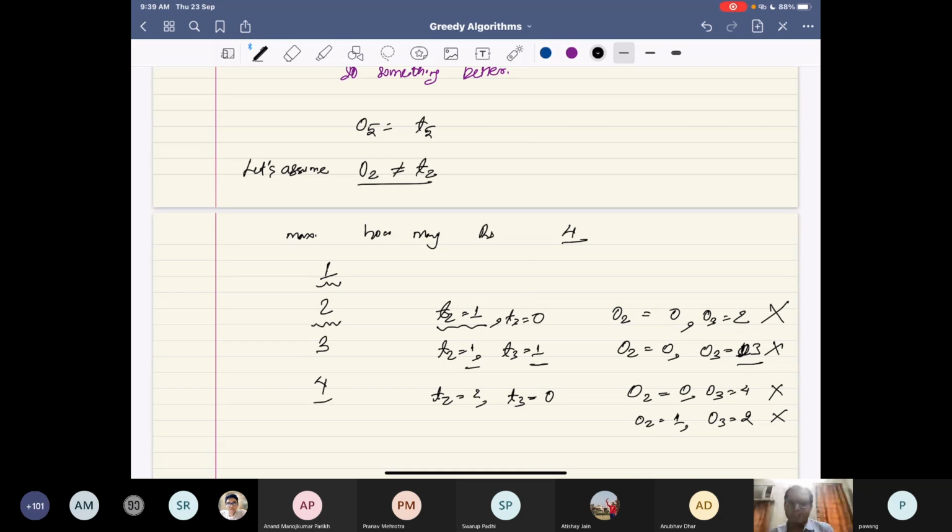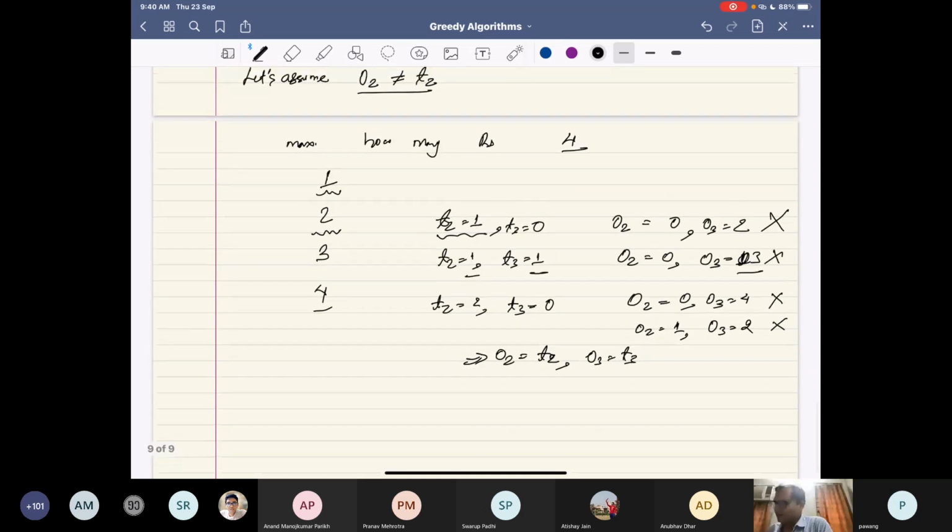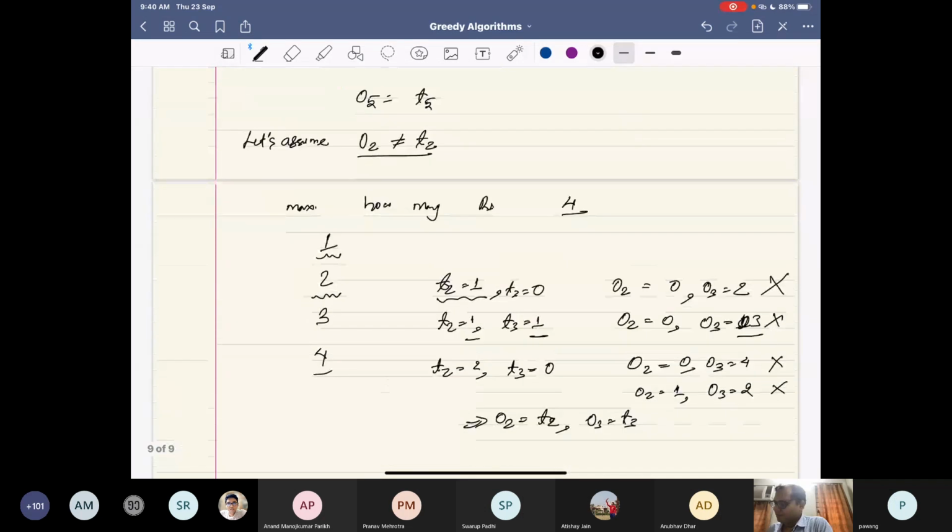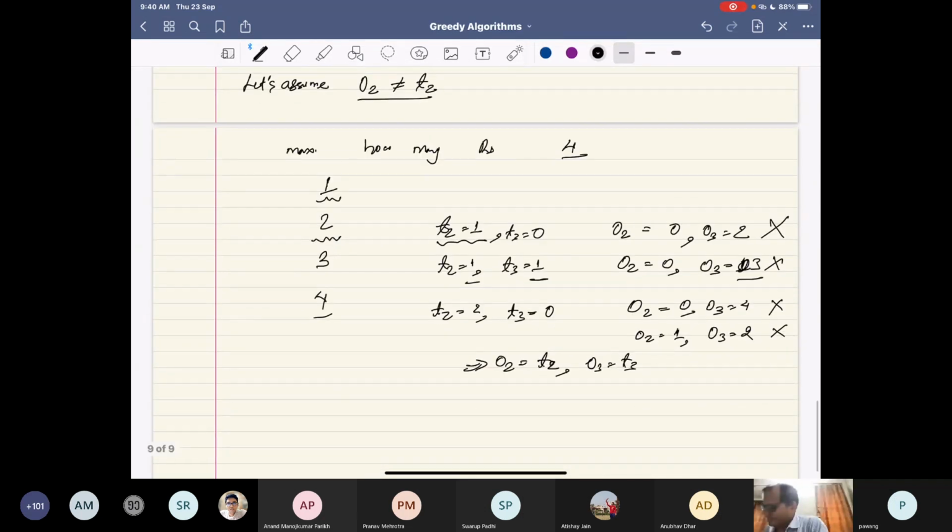So again, exhaustively, you can see that in all the cases, greedy gives me a better solution. That means my original claim was wrong, that the optimal solution is different from greedy. So now O2 should be same as T2 and O1 should be same as T1. Oh sorry, why am I writing O3? There should be O1, the way I defined it.